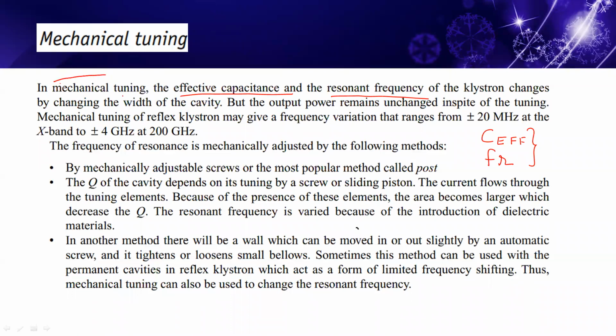So we are in mechanical tuning now. Mechanical tuning requires the effective capacitance and the corresponding resonant frequency, and both change. How do they change? Just by the width of the cavity.